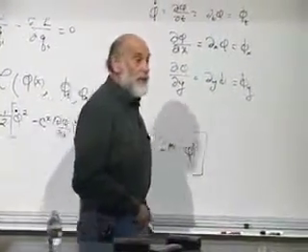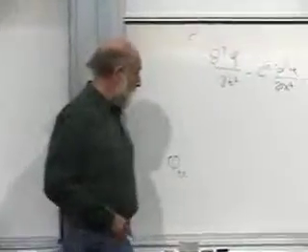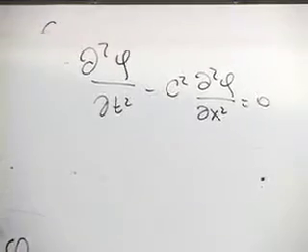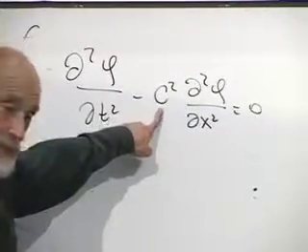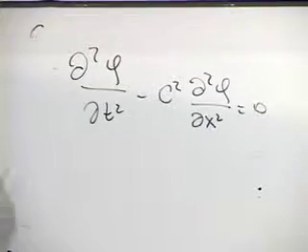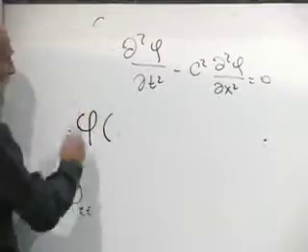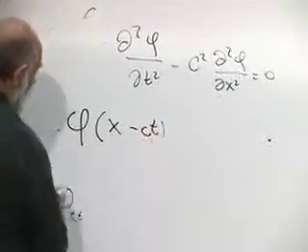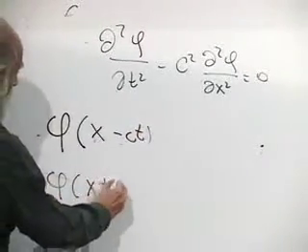There are, in fact, two kinds of solutions of this equation. This is the standard wave equation of a field which propagates with a uniform velocity, c. And the solutions of these equations are functions, two kinds, any function of x minus ct or a function of x plus ct.